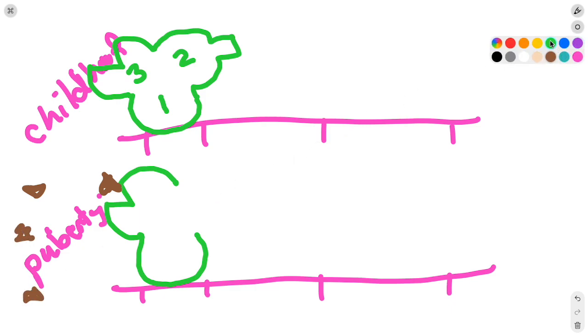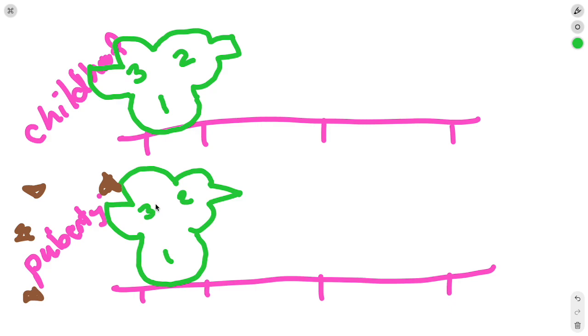When that happens, the transacting domain changes its shape, like that. So that's the dynamic switch in this case: the receptor shape changes because the hormone is there and binds.